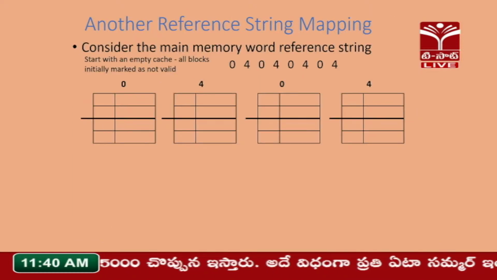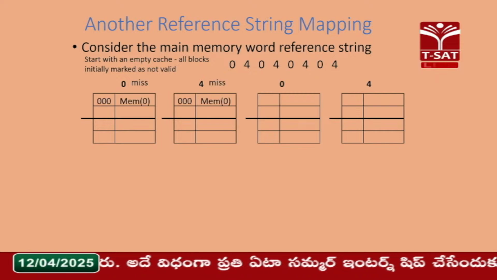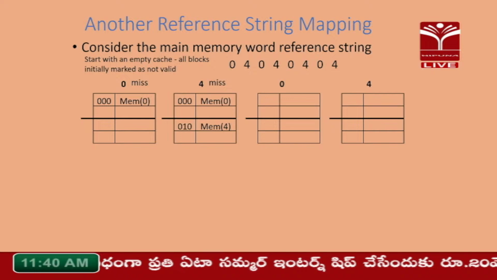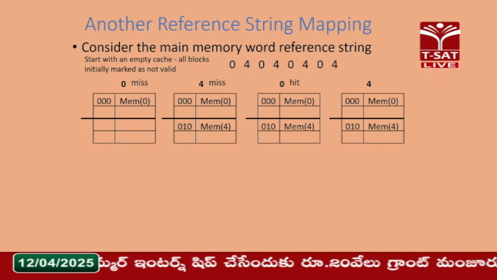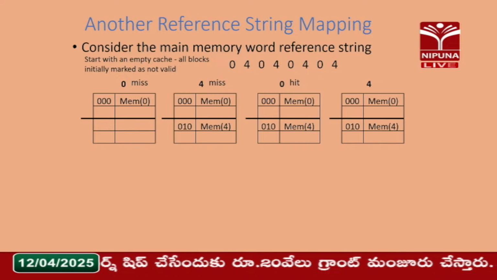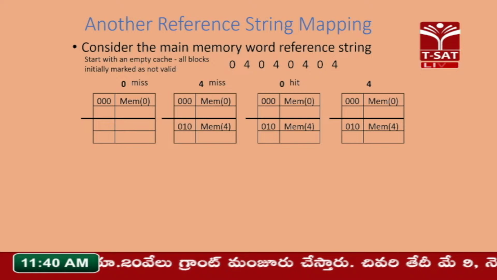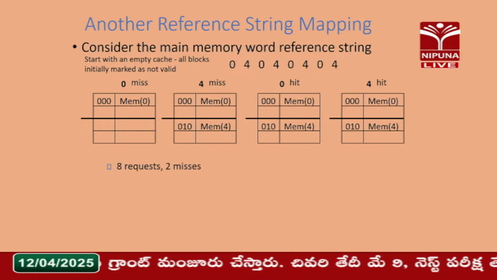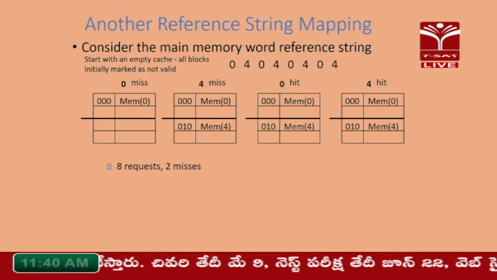So this is the 0, 4, 0, 4 example where if you use associative caches, then you have memories which are associative in nature, and the associative nature will result in a hit with a very limited number of misses for this particular architecture.